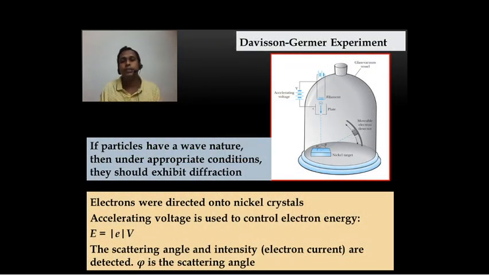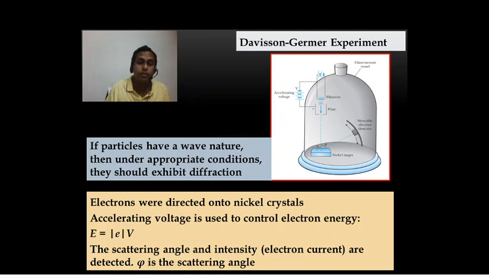Now we are moving to what happens in this Davisson Germer experiment. If a particle has a wave nature, then under appropriate conditions it should exhibit diffraction. There's one very important thing: if a particle exhibits wave nature, as per de Broglie concept, what's the de Broglie concept?